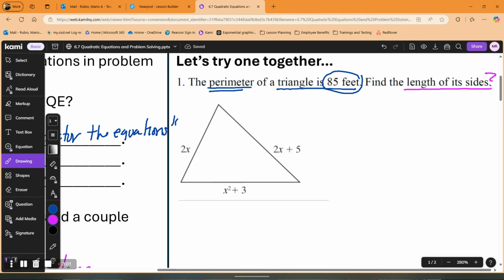So I have a diagram below. Here's my triangle. It says that the perimeter is 85 feet. So we have to remember, what is perimeter?